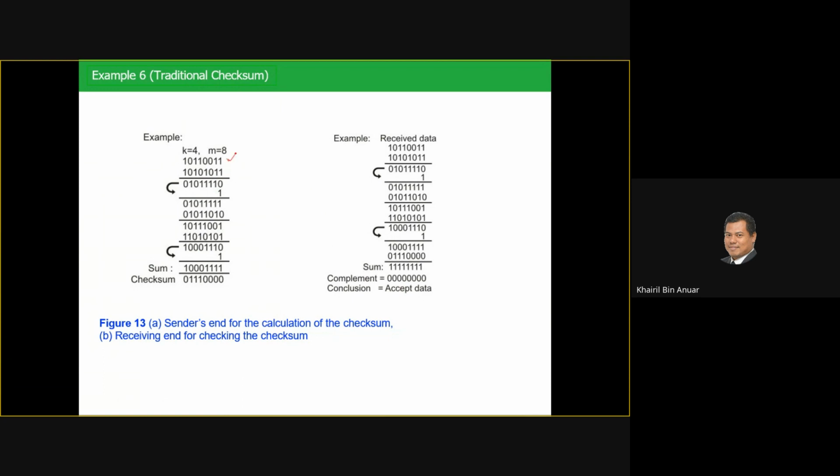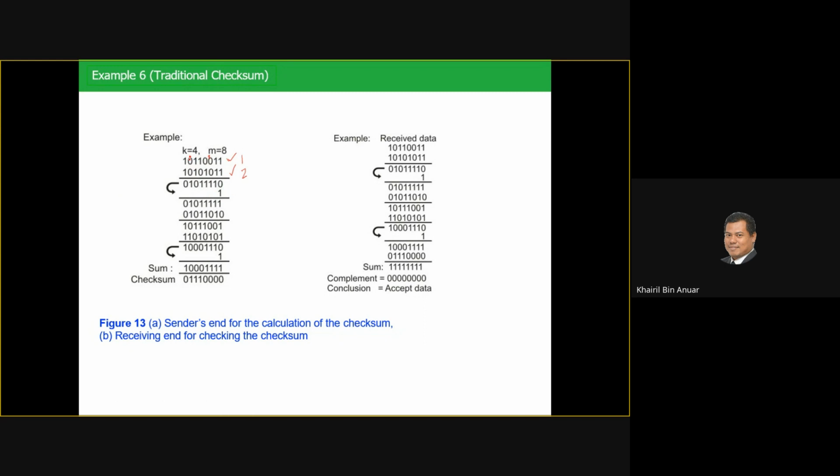This is the first m bits, and this is the second m bits. You sum it up: 0, 1, 1 is 0, 1, 1 is 1, 0, so you have 1 over here. Then 1, 0 is 1, 0, 1 is 1, 1, 0 is 1, 1, 1 is 0, 1.